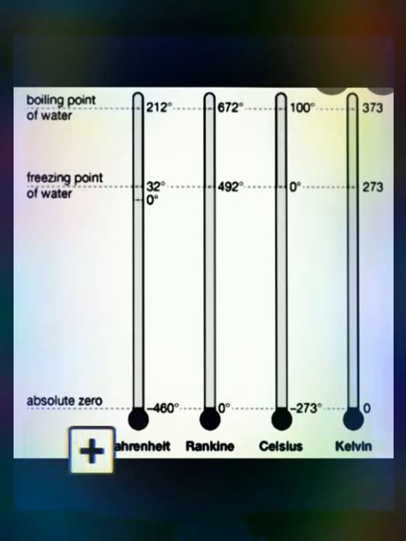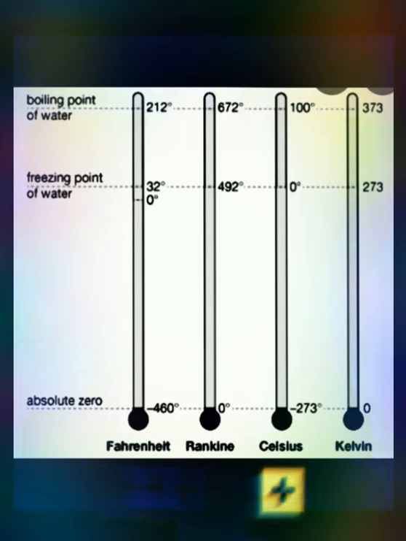It is the least temperature which can be achieved, and this is equal to minus 273 Celsius. That is absolute zero. 0 Kelvin is equal to minus 273 Celsius.